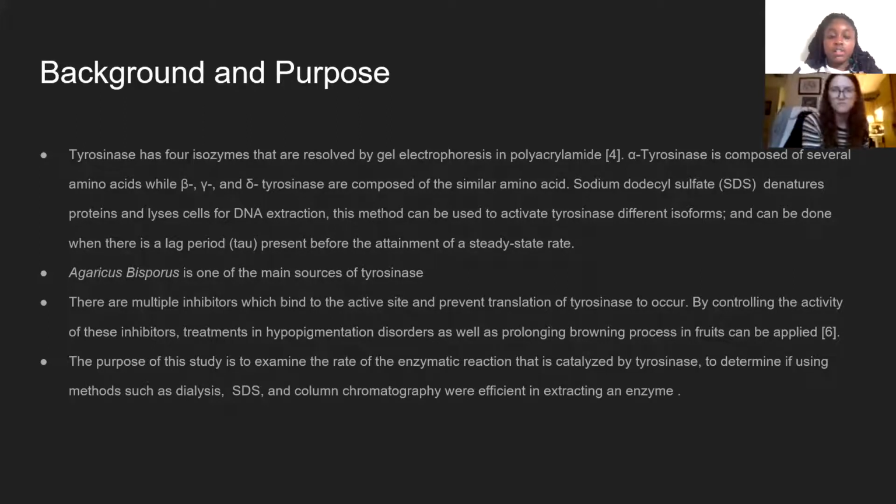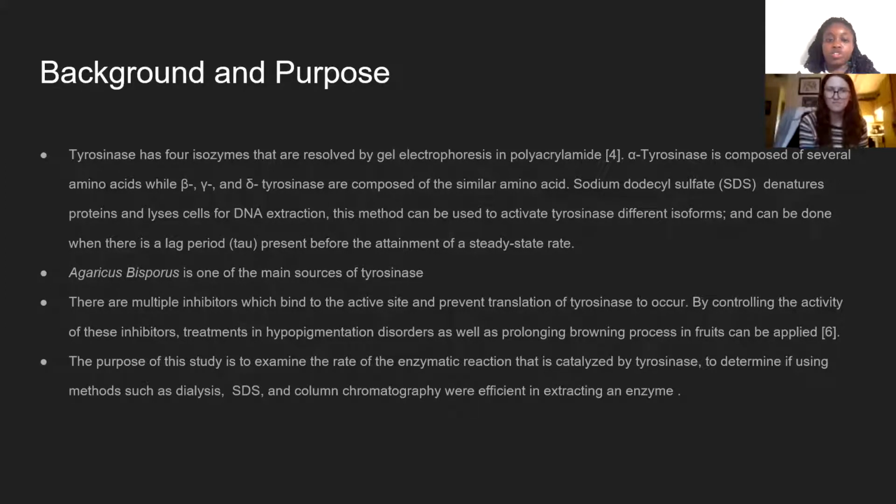Agaricus bisporus, also known as the white button mushroom, is the main source of tyrosinase. That's the organism that we used in this experiment. There are different types of inhibitors, and multiple inhibitors bind to active sites and prevent tyrosinase activity.